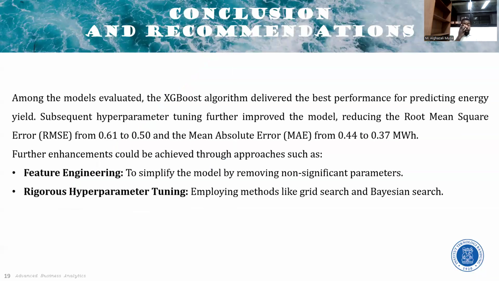So in overall, here we are ending. The conclusion and recommendations are like this. Among the models evaluated, the extreme gradient boosting algorithm delivers the best performance for predicting energy. Subsequent hyperparameter tuning further improved the model, reducing the root mean square error from 0.61 to 0.5 and the mean absolute error from 0.44 to 0.37 megawatt per hour, which is considered very good.